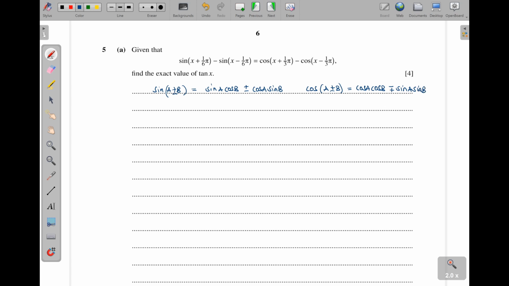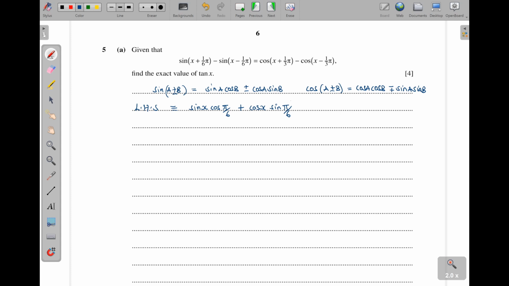Now we apply to the left side. The left-hand side is going to be equal to sine of x cosine of pi over 6, plus cosine of x sine of pi over 6.